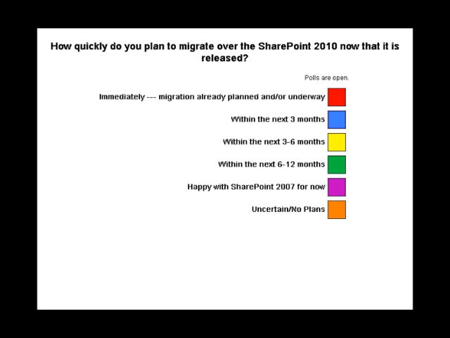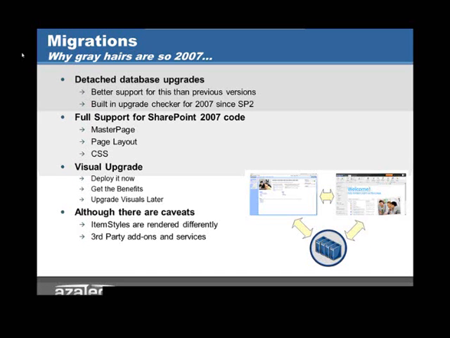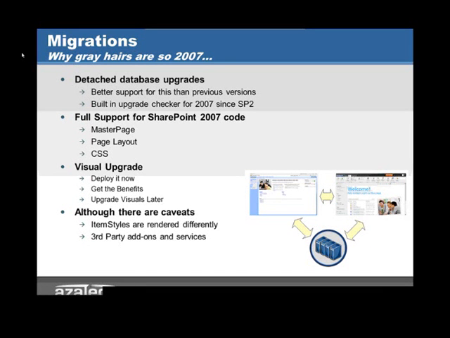Now with 2010, for all intents and purposes, they've heard our cries, and they've added in full functionality of SharePoint 2007 within SharePoint 2010, making it almost completely backwards compatible. The recommended upgrade path is to utilize a detached database upgrade.